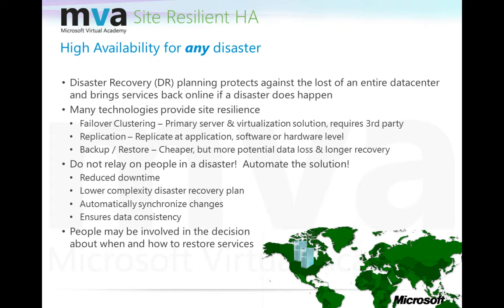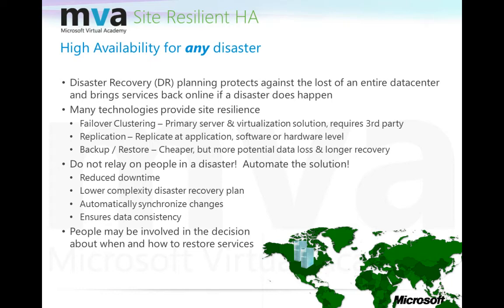There are 3 primary technologies which are used to provide site resiliency. The first is failover clustering, which we're going to talk about a little later, that allows you to actually fail over services between different sites. You may also use replication, which allows you to have copies of the data at multiple locations. So if one site is unavailable, the data should still be available and accessible in a different location.